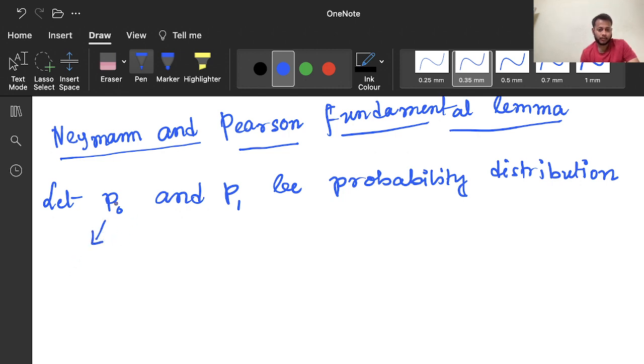P0 means the probability distribution under the null hypothesis, and P1 means the probability distribution under the alternative hypothesis.